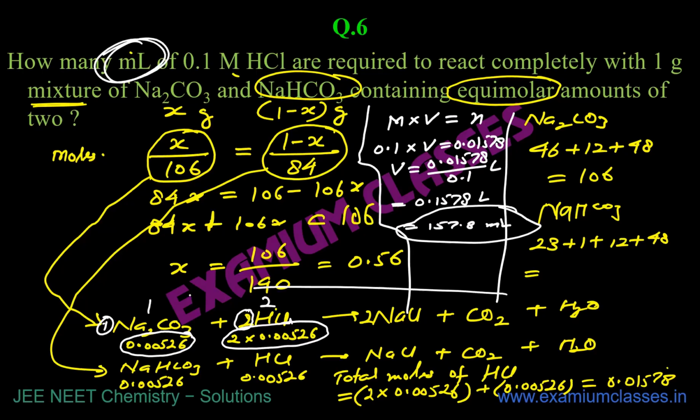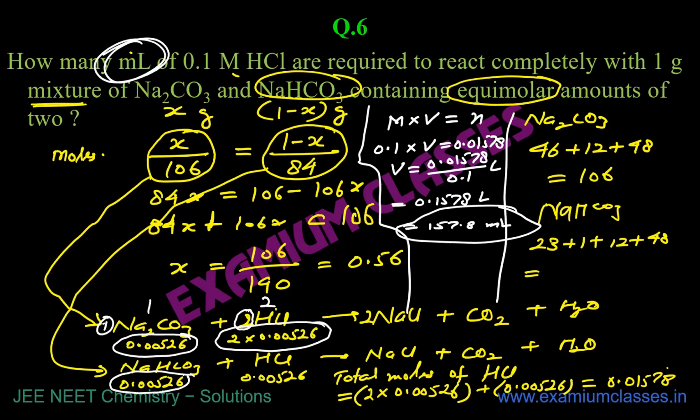So for this reaction, the moles of HCl will be double the moles of sodium carbonate. Are you getting what I am saying? Yes. Okay. And I have already calculated that we have these many moles of sodium carbonate. So double of that will be required for HCl.